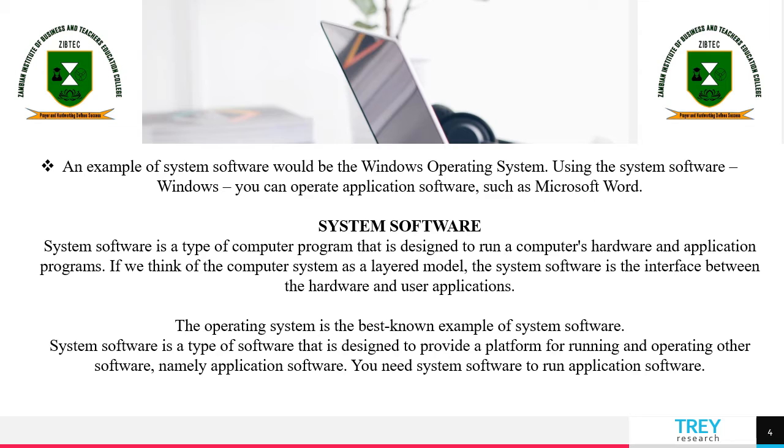Like we said earlier, system software, for example an operating system, is responsible for the coordination of the hardware and also the software part. Okay, we move on to the third point, which is that the operating system is the best known example of system software. System software is designed to provide a platform for running and operating other software.